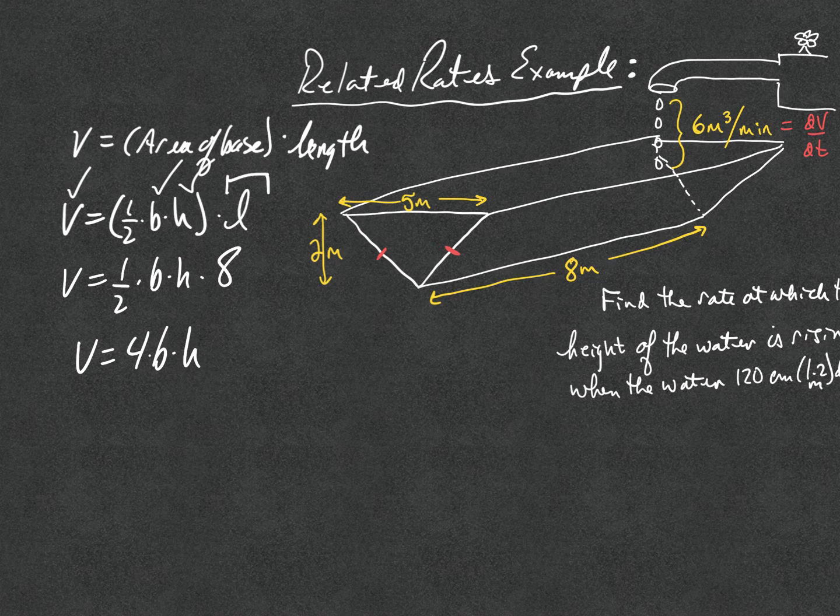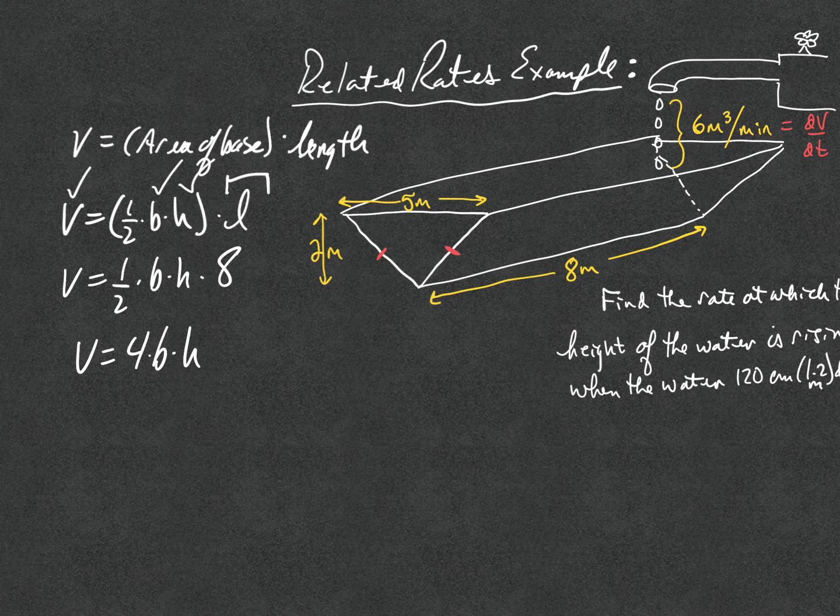No. If I did take the derivative right now, please don't write this down if you're putting this into your notebook, but I'd have a dV/dt on the left. I would have a dB/dt on the right, and I'd also have a dH/dt somewhere on the right.